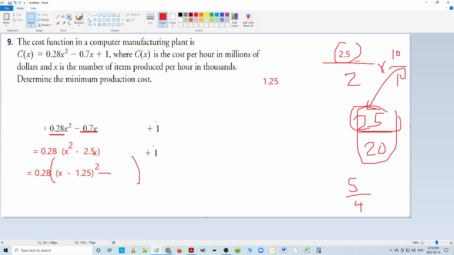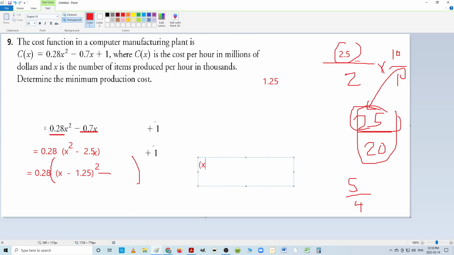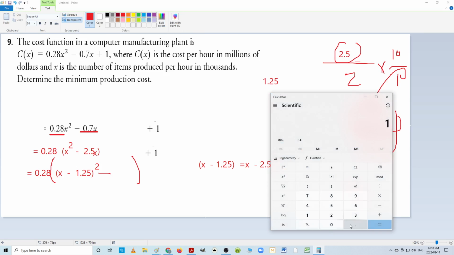If this is the perfect square that I'm looking for, and I square it, I get x squared minus 2.5x. Go ahead and try that if you don't believe me. And I end up with also plus 1.25 squared. Plus that.